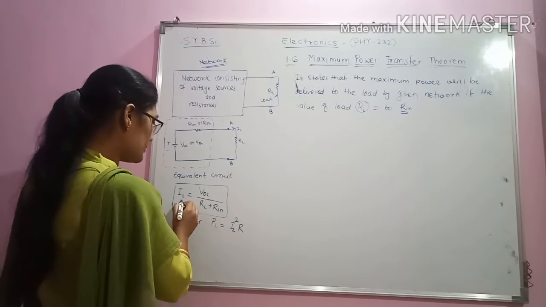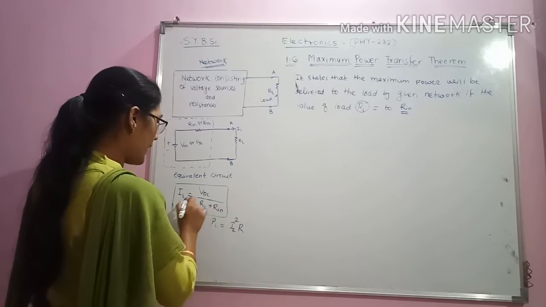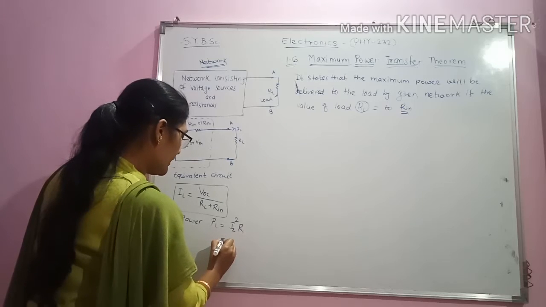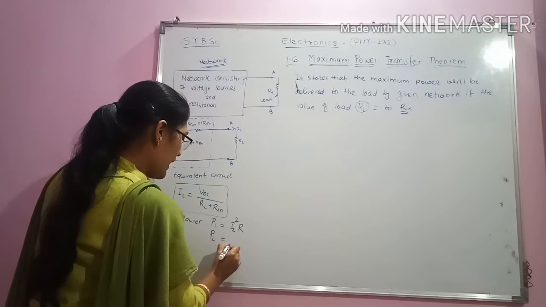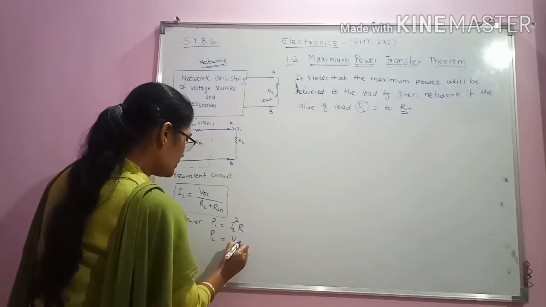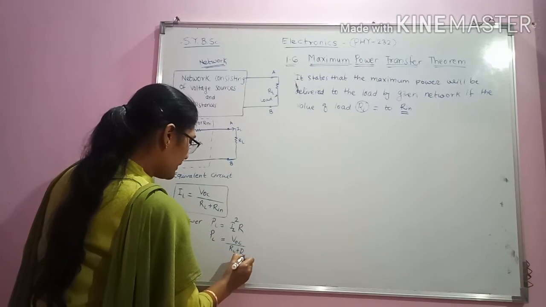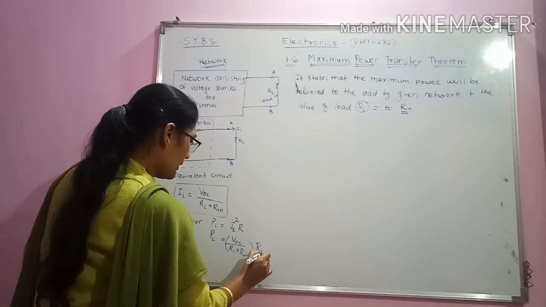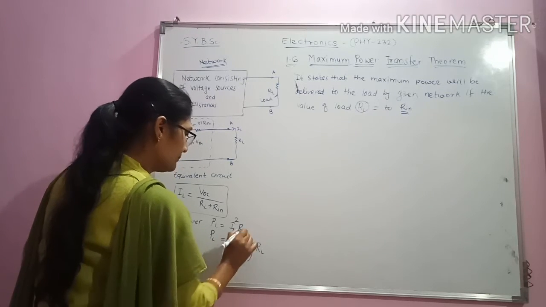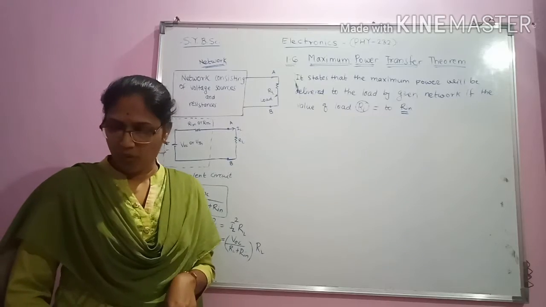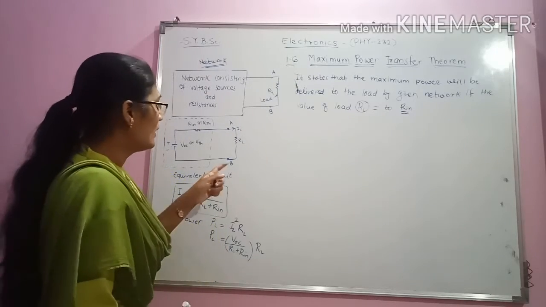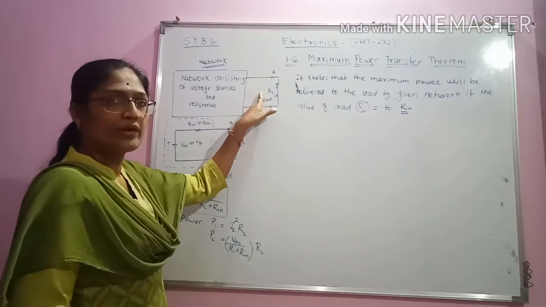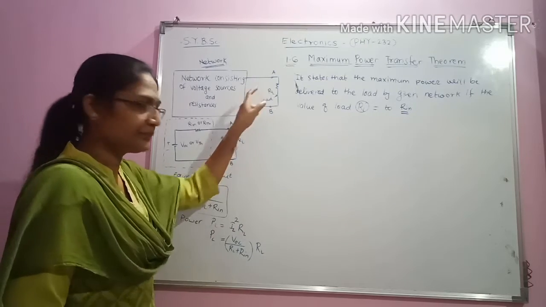Now we will substitute the value of IL here, and we will obtain the value of PL as VOC divided by RL plus Rin into RL. This is the power which is delivered to this load resistance RL.